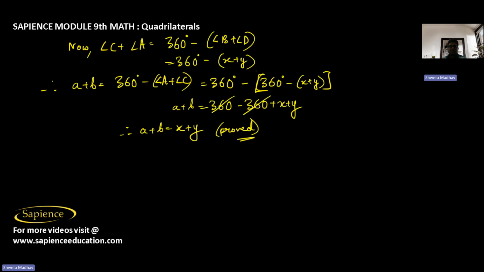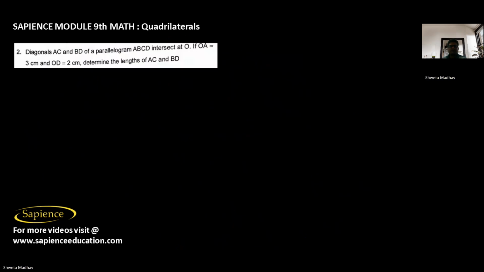And here it is told that diagonals AC and BD of a parallelogram ABCD intersect at O. Suppose we have a parallelogram ABCD.